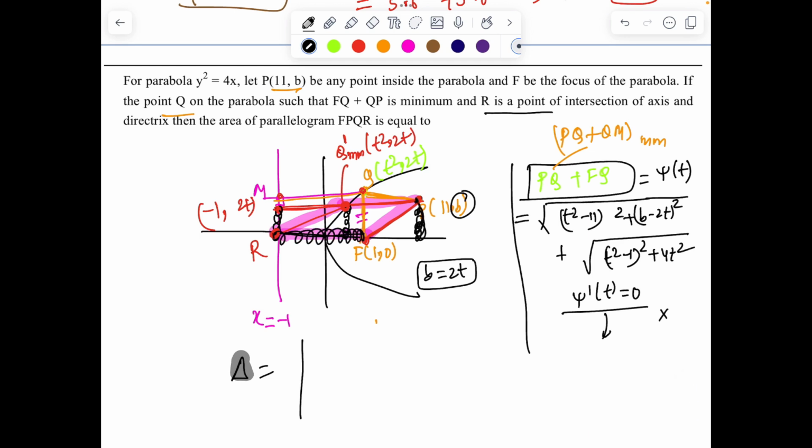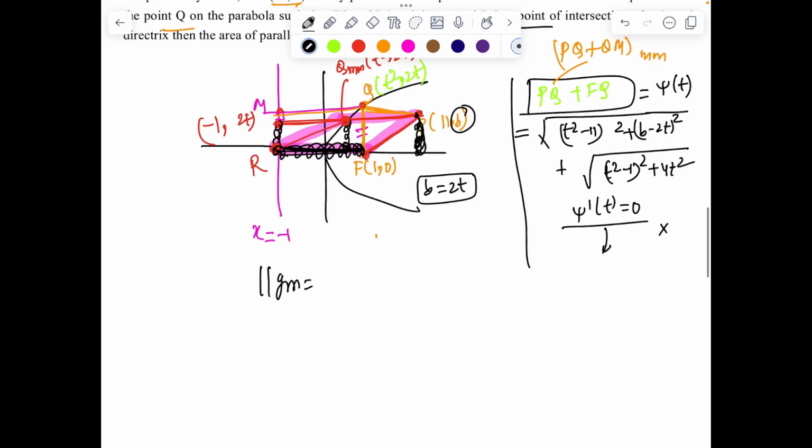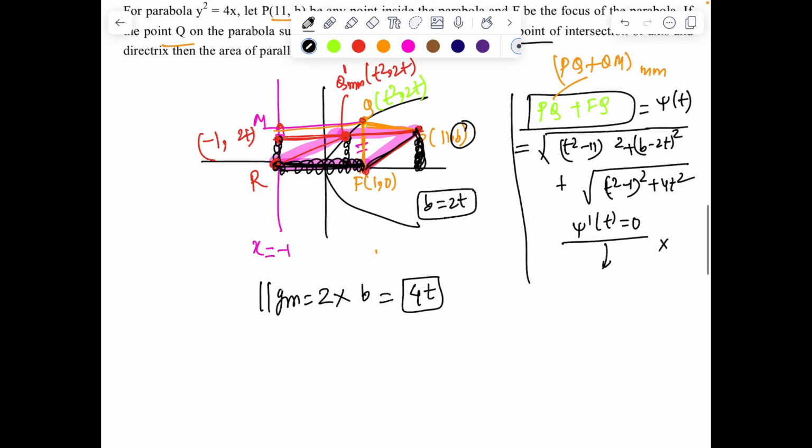For this parallelogram the base is known and the height is known. What is the base? The base is 2, so there's no need to use the determinant formula, we can do it from basics. So the parallelogram area is base, which is RF, which is 2, into height, which is b, and b is already 2t, so we'll get 4t as the area of the parallelogram, right?